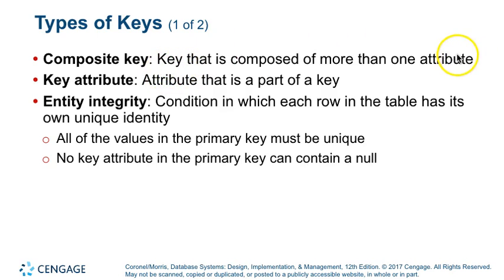The name of that attribute is usually the word ID, entity name ID, like employee ID, invoice ID, and that's very common. But sometimes multiple columns make the unique attributes, and we call that a composite key. And if there are multiple attributes that make our composite key, they are called key attributes.